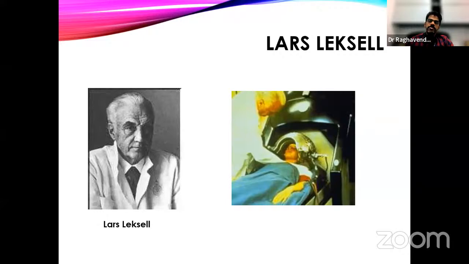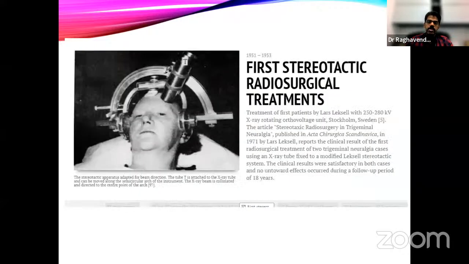So this is Professor Lars Leksell, the inventor of the gamma knife, and in 1951 to 53, this is how he used it. But before the gamma knife era, Leksell had a deep X-ray system. If you see this particular picture, it's a deep X-ray system.